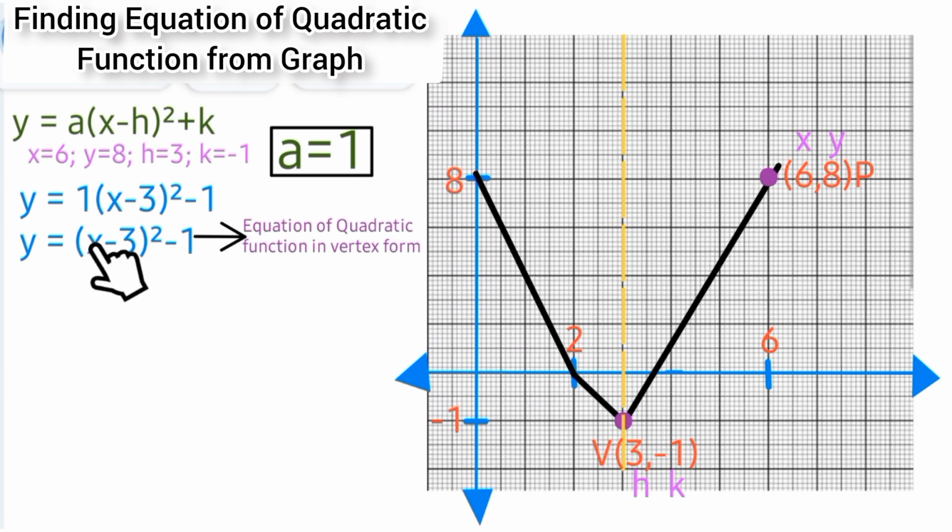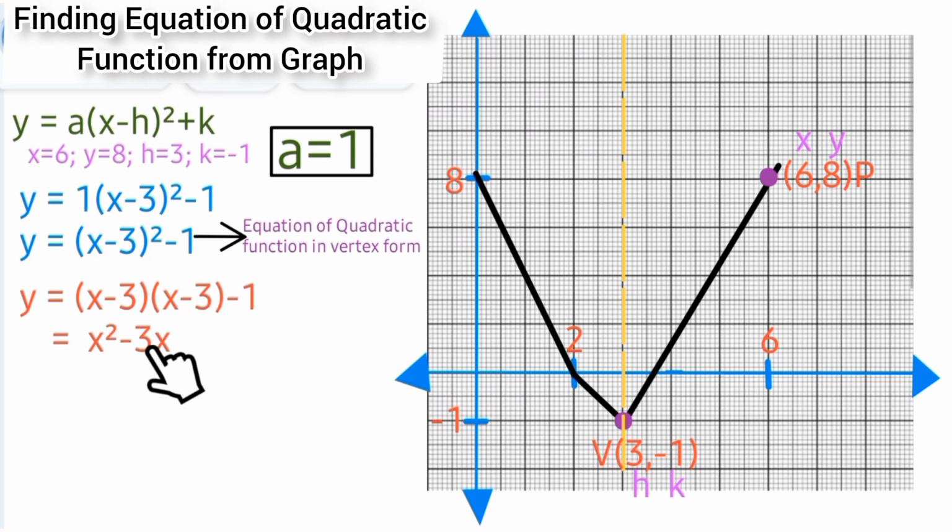We can convert this equation to standard form. Converting this vertex form to standard form, we have y equal x minus 3 all squared, which means x minus 3 multiplied by x minus 3, and then minus 1. That equals x times x gives x squared, minus 3 times x is minus 3x, minus 3 times x is minus 3x, minus 3 times minus 3 gives positive 9, and then minus 1.